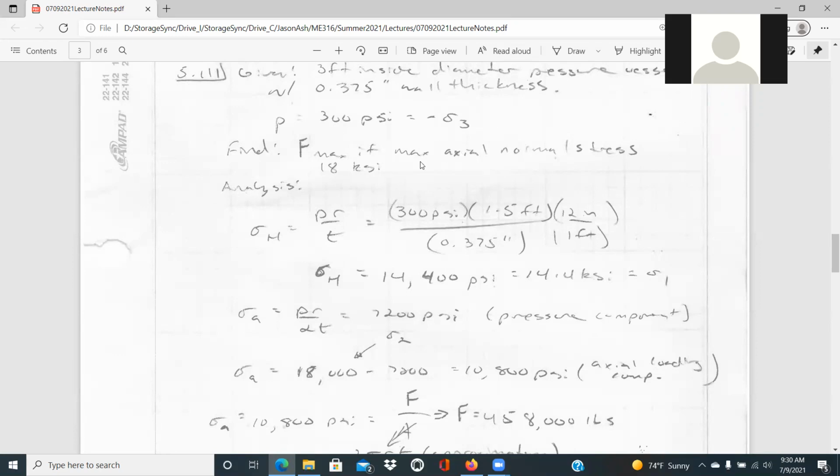And so this is kind of a weirdly posed problem in that they're concerned about the maximum axial normal stress, which would really relate to, say, our maximum normal stress theory that we looked at on Wednesday, the one that we said was really kind of bad to use, as it does not capture ductile failure very well.